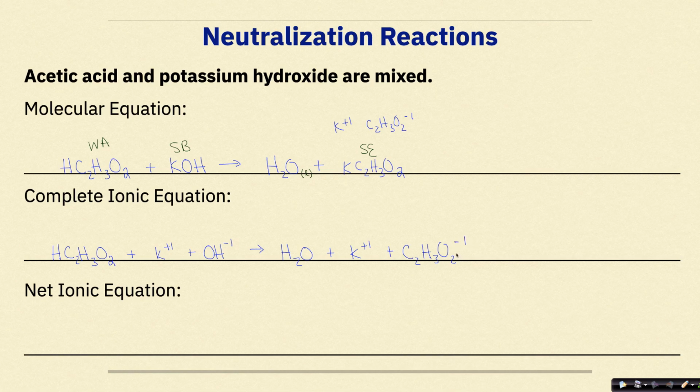Excellent. My next task, of course, is to look through for my spectator ions, and I believe the only spectator ion I have here is K+1, so I'm going to cross that out.